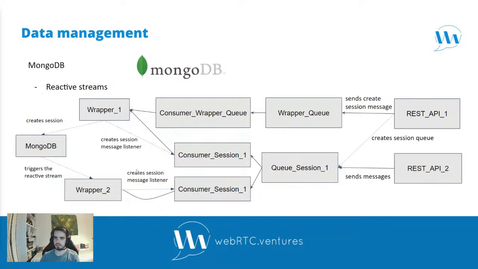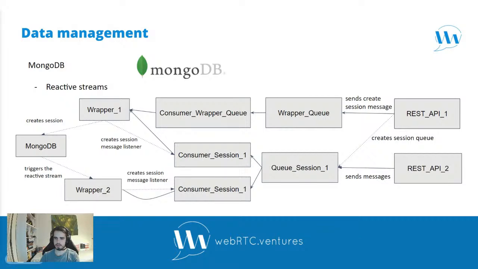So to do that, we used reactive streams from MongoDB, which allow us to set listeners to data changes in the database. In our case, we set a listener for inserts in the session collection. So when the create session message goes to the wrapper queue and is consumed by wrapper 1, it will create the session message listener and also insert the new session. And this would trigger the reactive stream, which is set for all the wrapper instances.